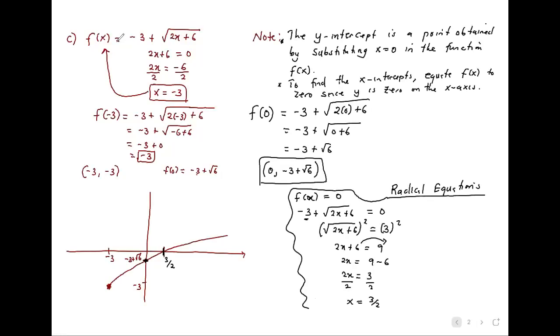Sir, you didn't answer my question. What was your question? On the -3 plus the root of 6, you said that the root of 4 is 2 and the root of 9 is 3. So does it mean that the root of 6 is between 2 and 3? Yes.